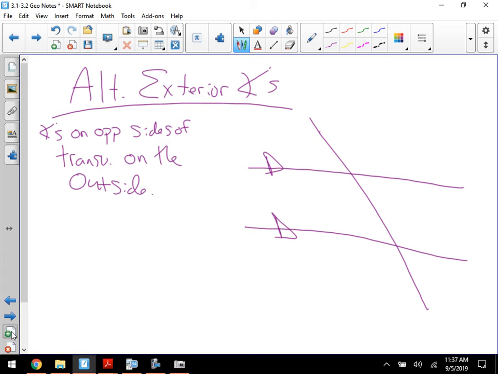So if I'm looking at top left, the alternate outside would be bottom right. Think of the position again. Top left, alternate would be bottom right. Top right would be bottom left. That's how this works.